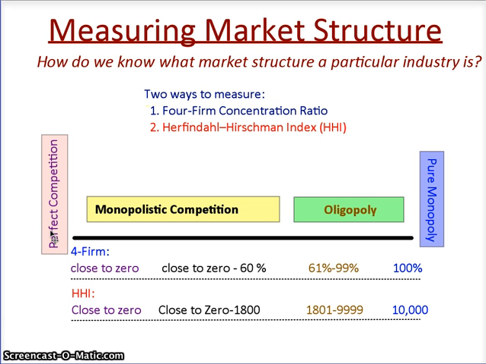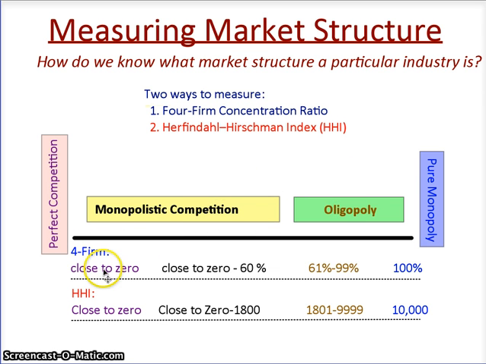You remember the characteristics. On the other side of the extreme is your pure monopoly, where it's a unique product, and there's only one firm. Then in between, we have the imperfect competition types, which consist of monopolistic competition and oligopoly.